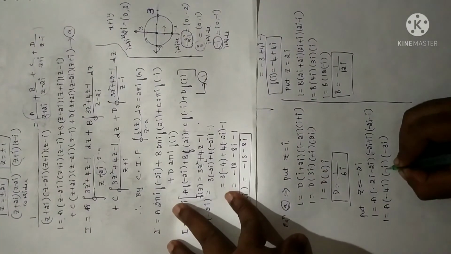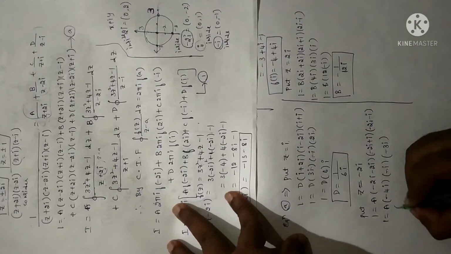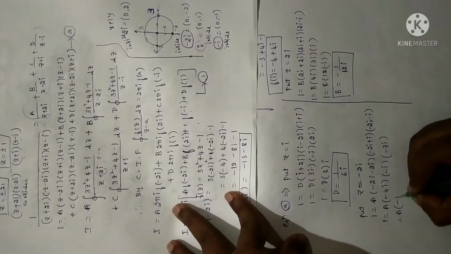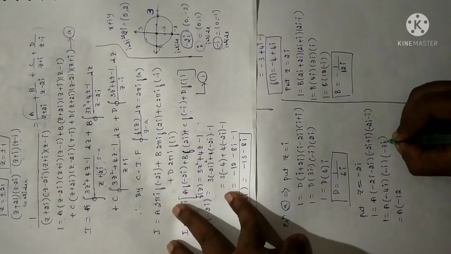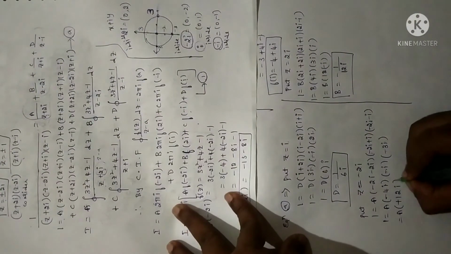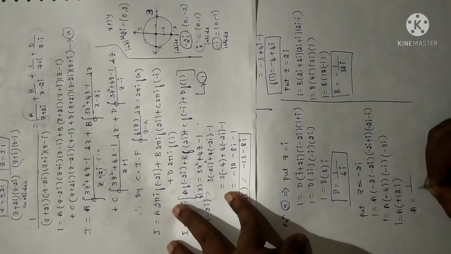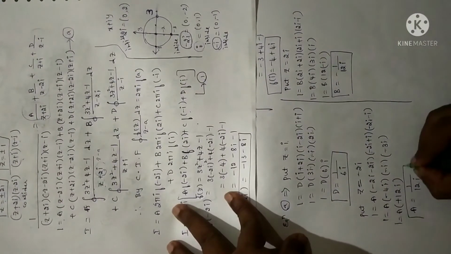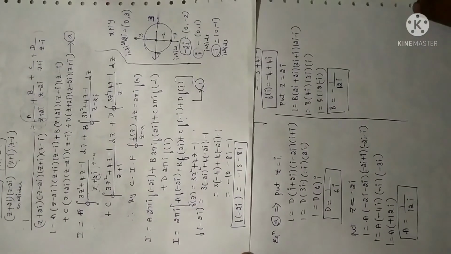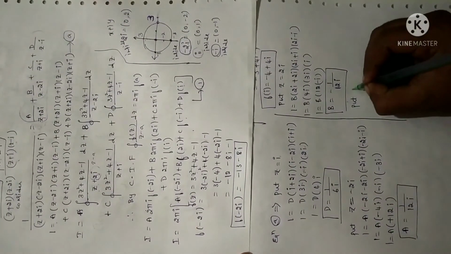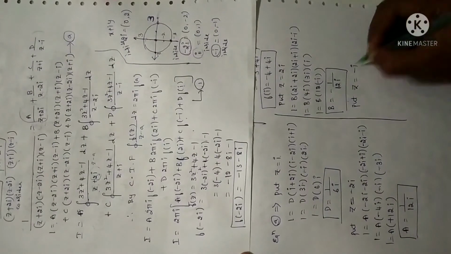Minus into minus is plus, plus into minus is minus. 4 times 3 is 12, so minus 12. i into i is i square, and i square is minus 1. Minus 1 into i is minus i. Minus of minus becomes plus i. So the A value is 1 divided by 12i. If you find it fast, you can set the speed of the video and watch again. Fine.